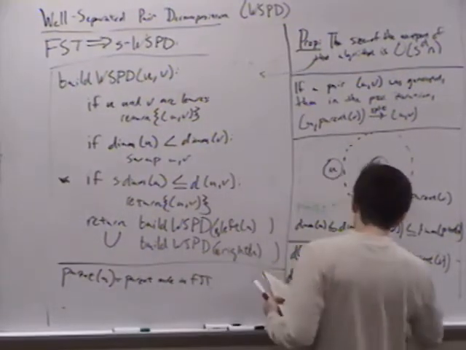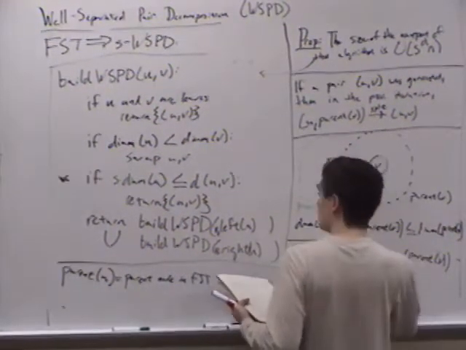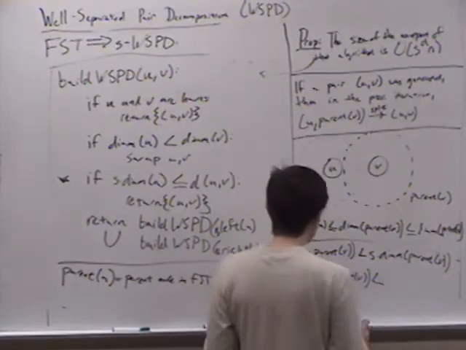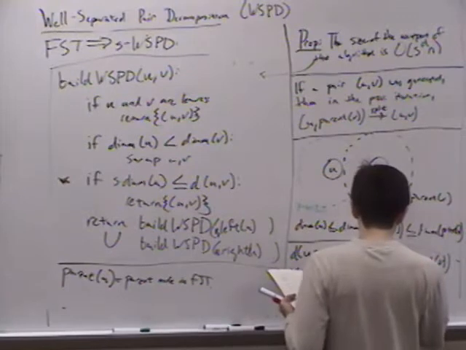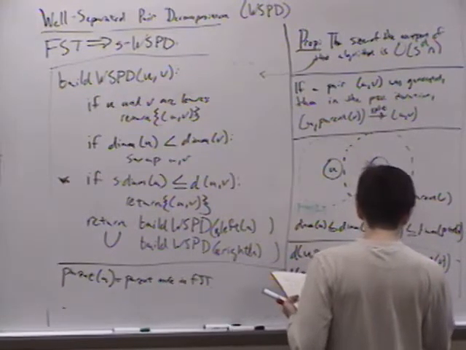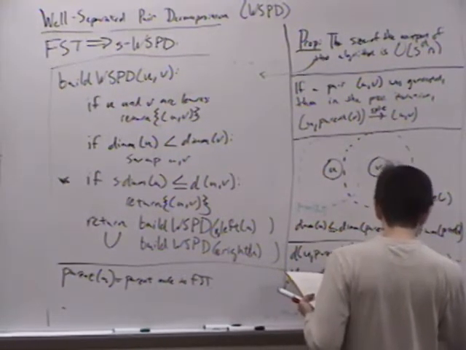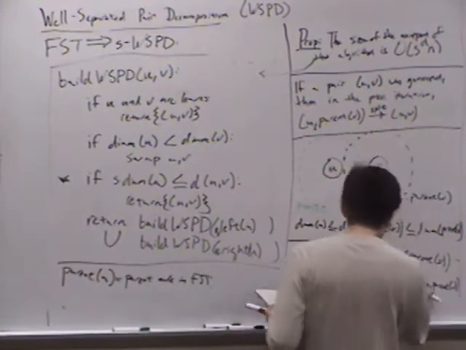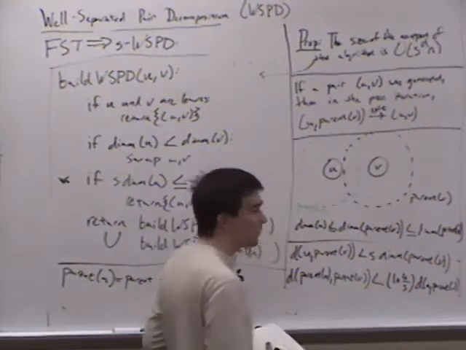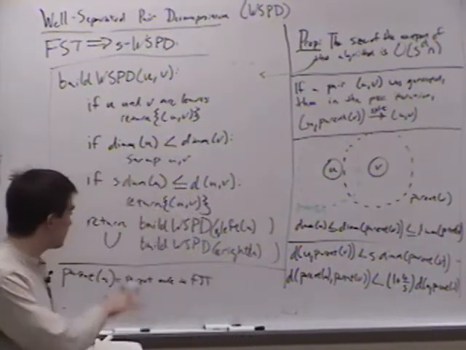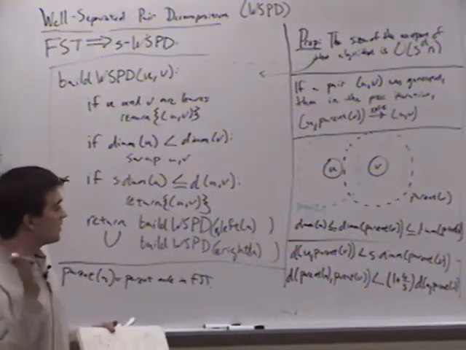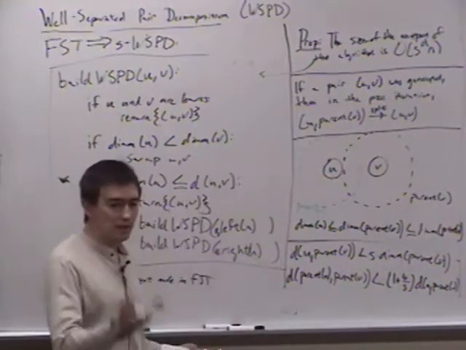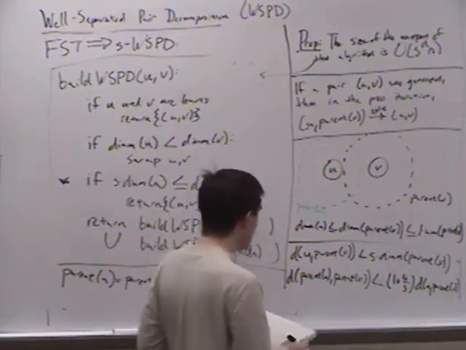It's not less than or equal to, it should just be less than. So this has to be less than 1 plus 4 over s times d(U, parent V). That's because U is contained inside parent of U, and so using that theorem that we wrote and I erased, this has to be true, because it's just the contrapositive, the dual of that theorem.